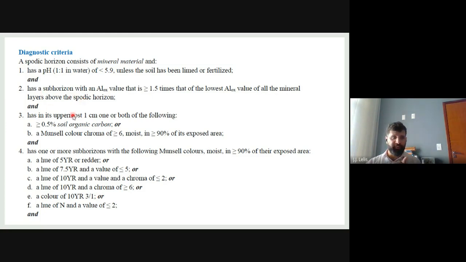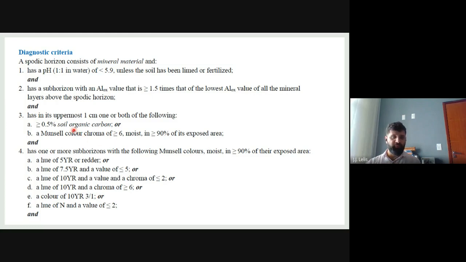It should present, in at least 1 centimeter, organic carbon equal or higher than 0.5% and a high chroma, okay? Because this material possesses a strong color with high chromas, okay?